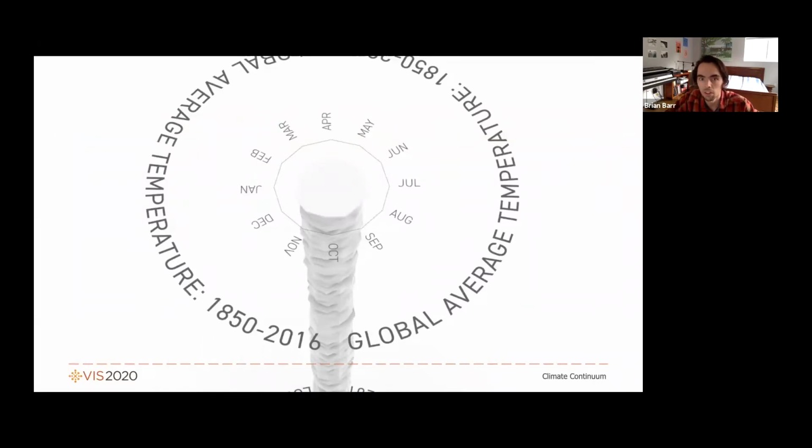Around the clock face, you have the calendar year month by month. And then from bottom to top, you have 1850 to 2016. As you can see from the piece, there are a number of fluctuations, but also global trends can be seen.